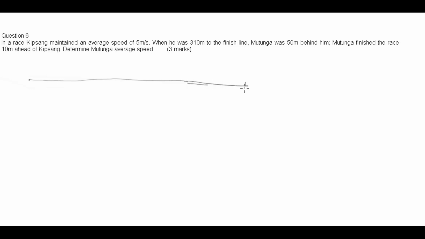Let's just say this is the finish line. So let's say from here all the way to the finish line where Kcse was is 310 meters. When Kcse was 310 meters to the finish line, Mutunga was 50 meters behind him.